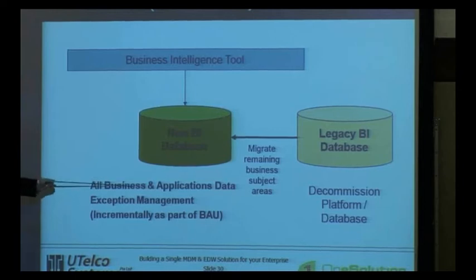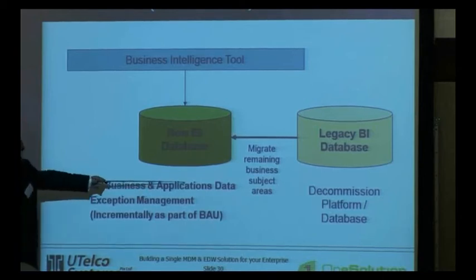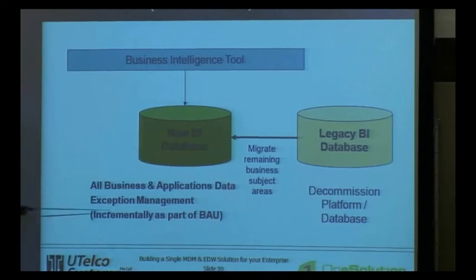So you're implementing all the business and applications data that pertains to a particular project area based on the functions and business data outlined in the enterprise services model. So we're taking, for example, all the data that deals with customer, product, service in a telco. We're migrating that to the new environment incrementally, but as part of existing business as usual projects.